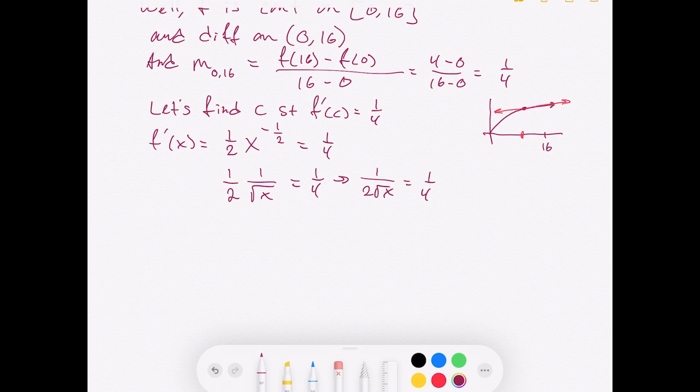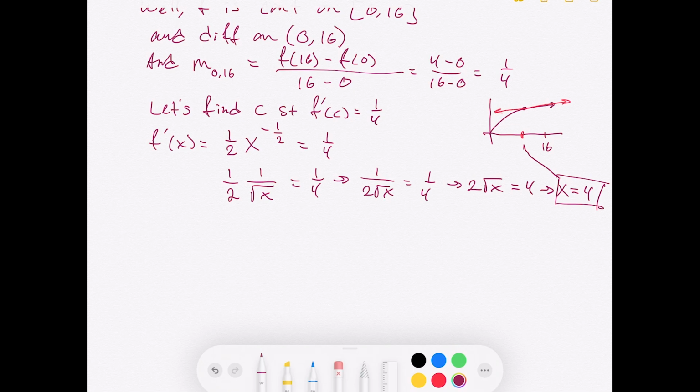If we raise both sides of this equation to the negative first power, we take the reciprocal of both sides of the equation. Divide both sides by 2, you get the square root of x equals 2, square both sides, and you find that x is equal to 4. 4 is on the interval from 0 to 16.